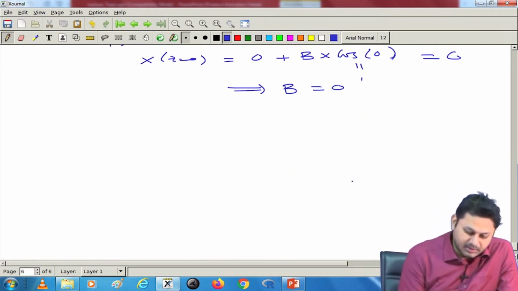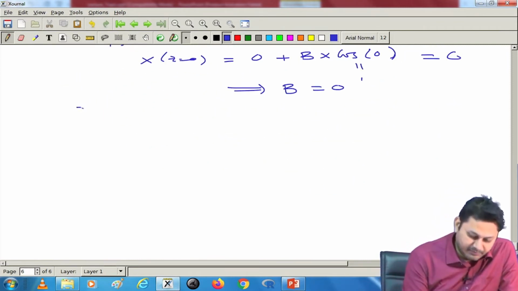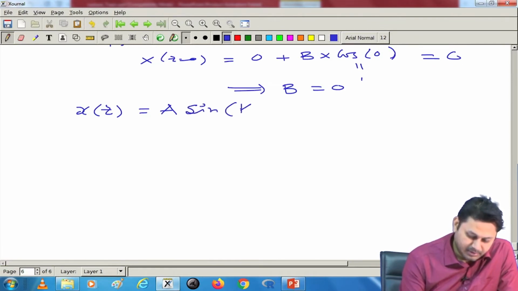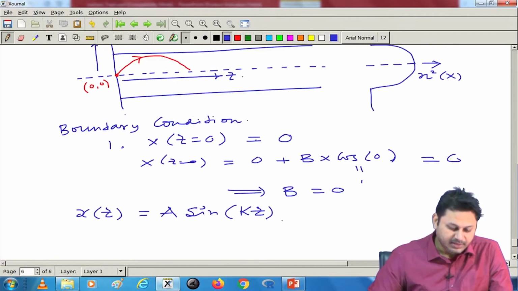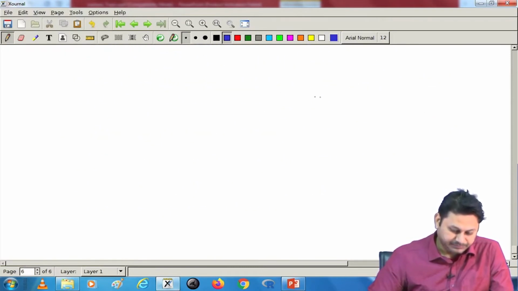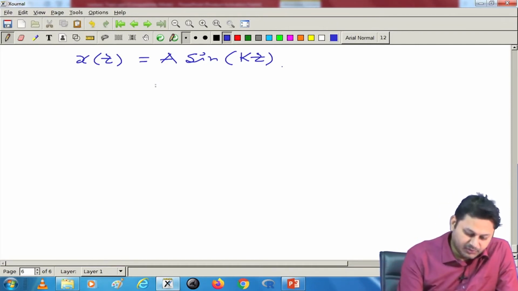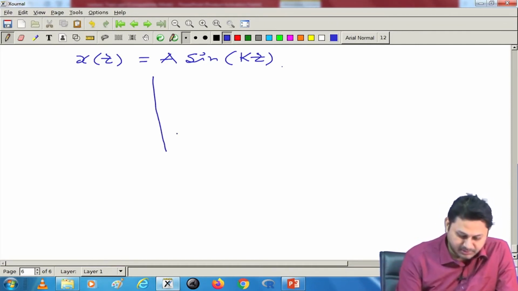So, I simply have x is some constant A sine of kz. So, it is simply a sinusoidal wave. If I launch this wave exactly at this point for a parabolic structure, then it should follow a sinusoidal path.